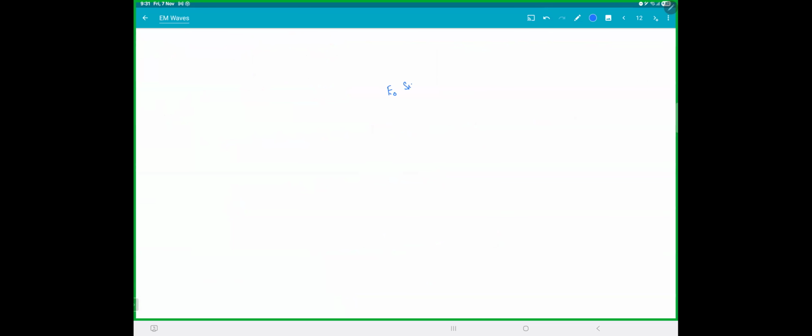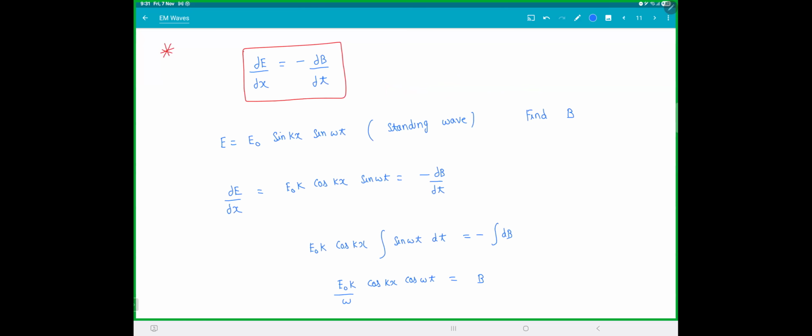Suppose E naught sin(kx minus omega t), if I differentiate dou E by dou x, I'll get E naught k cos(kx minus omega t). And when I integrate dou B by dou t, this cos again becomes sine. So the function comes back if you take a progressive wave. But this is not true for a stationary wave. Clear with this? So be careful with that.